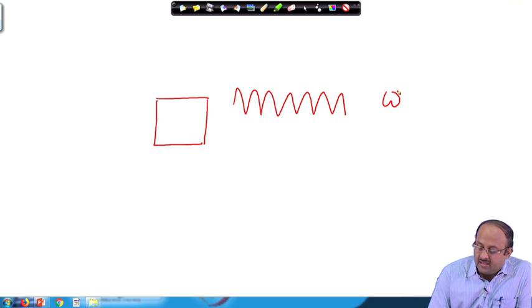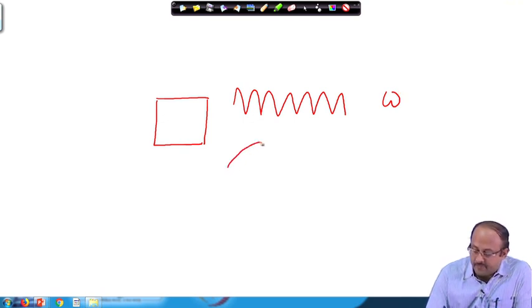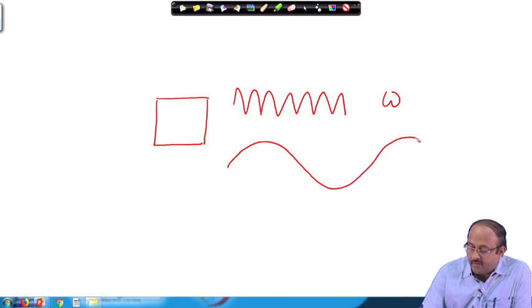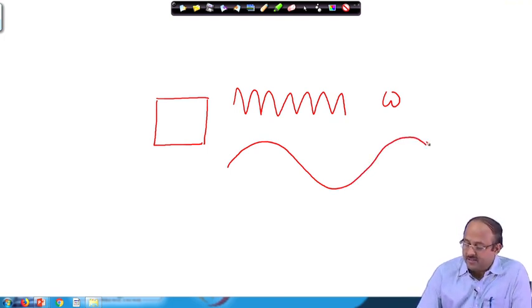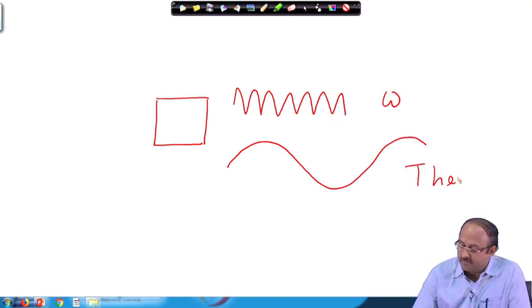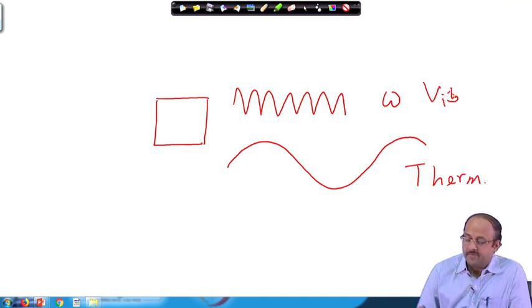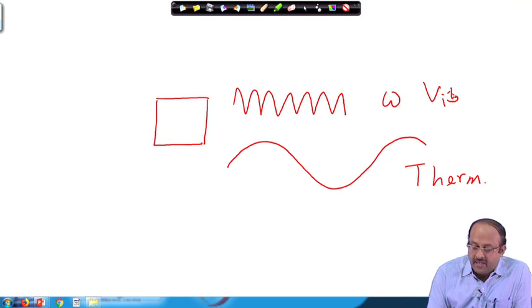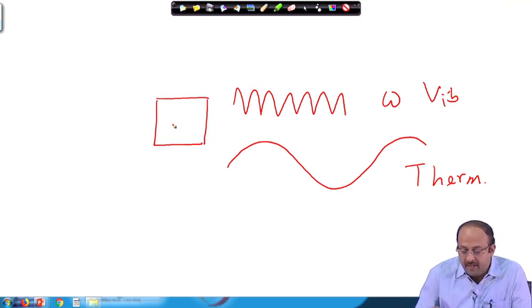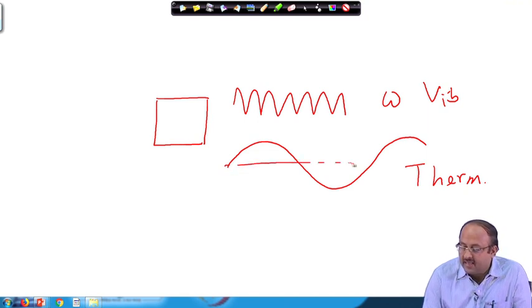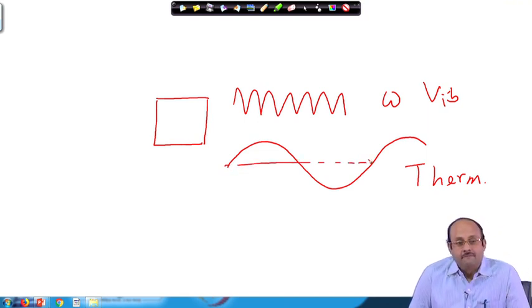Also, thermal cycling is given, but this thermal cycling is of lower frequency. So, this is the thermal load and this is the vibrational load.